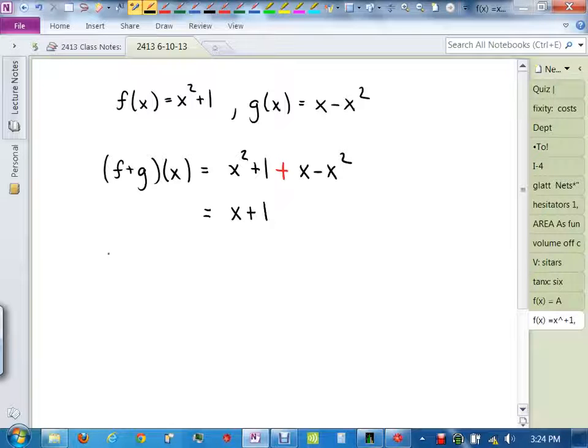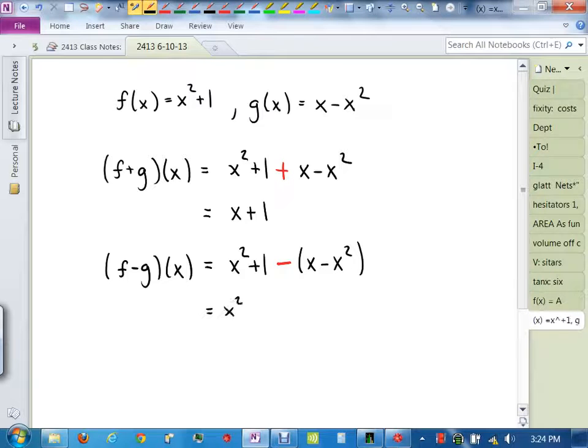Now, what if we do f minus g? Subtract. So there's one thing we do have to be careful with here. What's that? That negative is actually going to have to distribute, right? So I should put the x minus x squared in parentheses so that I can distribute that negative through. So that becomes x squared plus 1 minus x plus x squared.